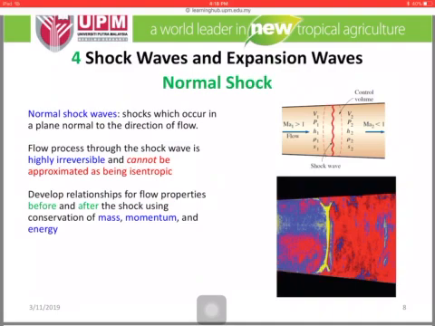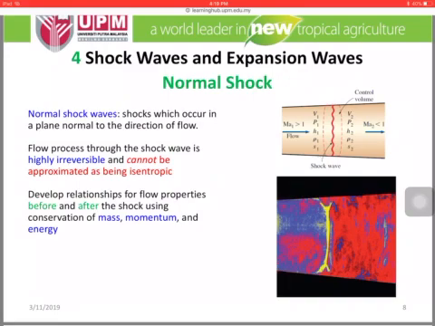So flow process through the shock wave is highly irreversible and cannot be approximated as being isentropic. If you look here, the entropy also changes. We cannot consider it as an isentropic process because there are so many disturbances and it is highly irreversible. Therefore, we need to consider the change of entropy.